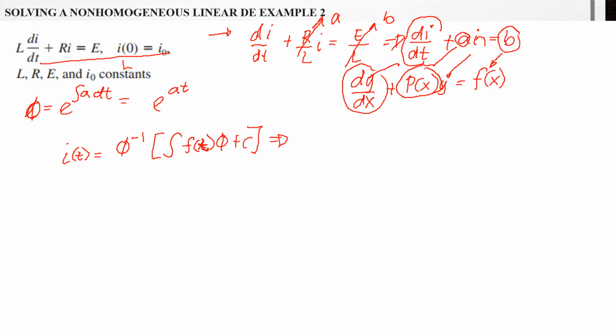So what is your integrating factor? e^(At), and phi to the negative 1 is e^(-At).